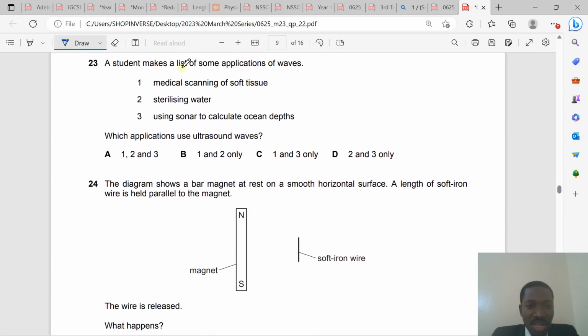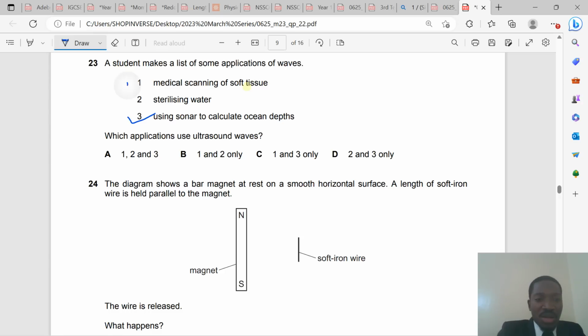Question 23. A student makes a list of some applications of waves: medical scanning of soft tissue, sterilizing water, using sonar to calculate ocean depth. Which applications use ultrasound? Whenever you hear sonar, we're talking about sound with high frequency.